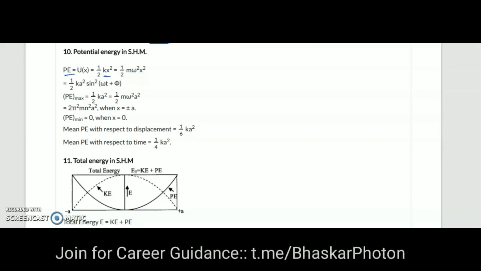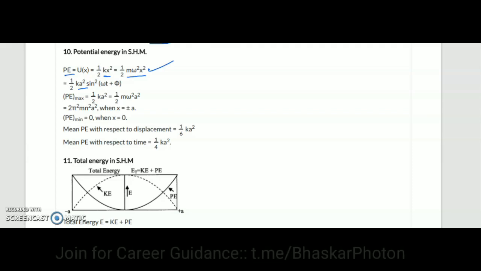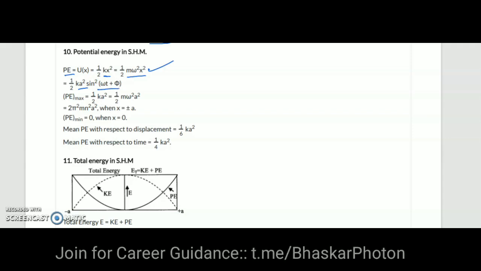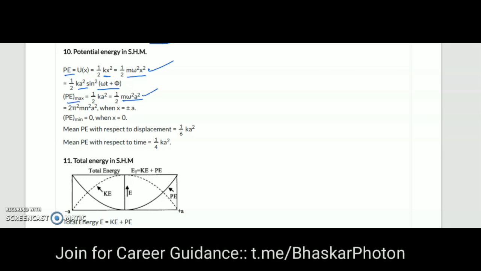And the potential energy in simple harmonic motion is 1/2 k x², which is equal to 1/2 m ω² x², and this further can be written as 1/2 k a² sin²(ωt + φ), since mω² is represented as k and x is a sin(ωt + φ). Then this potential energy PE becomes maximum, the expression being 1/2 m ω² a², which you can represent as 2π² m n² a², at extreme positions, and it becomes minimum when x is equal to 0.